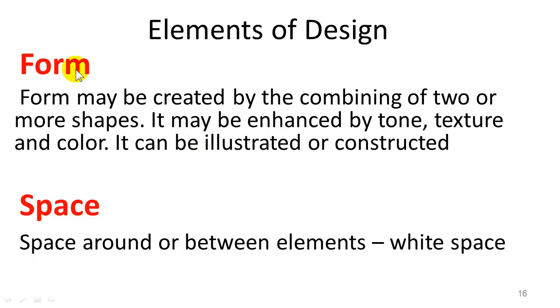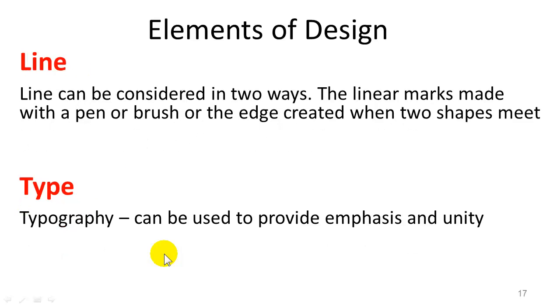The form that your design may take is created by the combining of the shapes. The space around or between the elements is another element of design. The lines that we use, the type or typography, which will be covered next week.